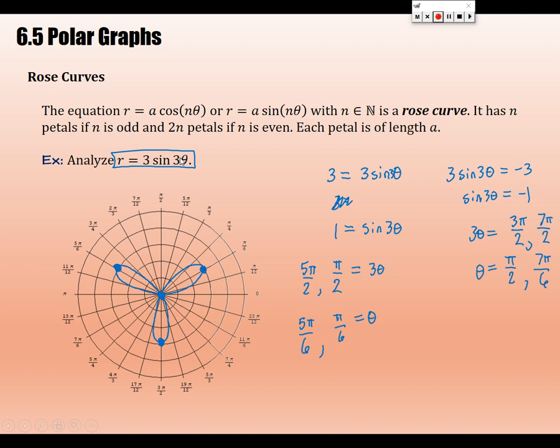What's the role of this number here? It seems like this means we get 3 petals, but if it's a 2, we get 4 petals. What? Well, the answer is that we always get twice as many petals as that number. It's just that when it's an odd number, they happen to land back on top of themselves, right?